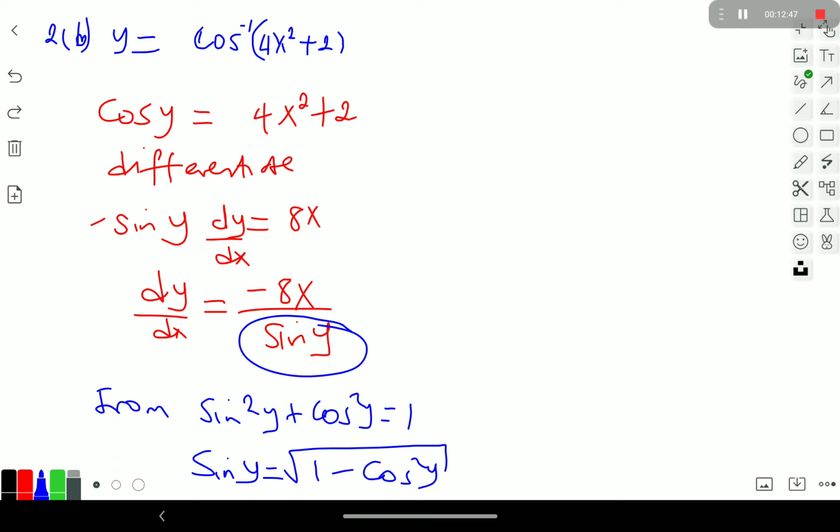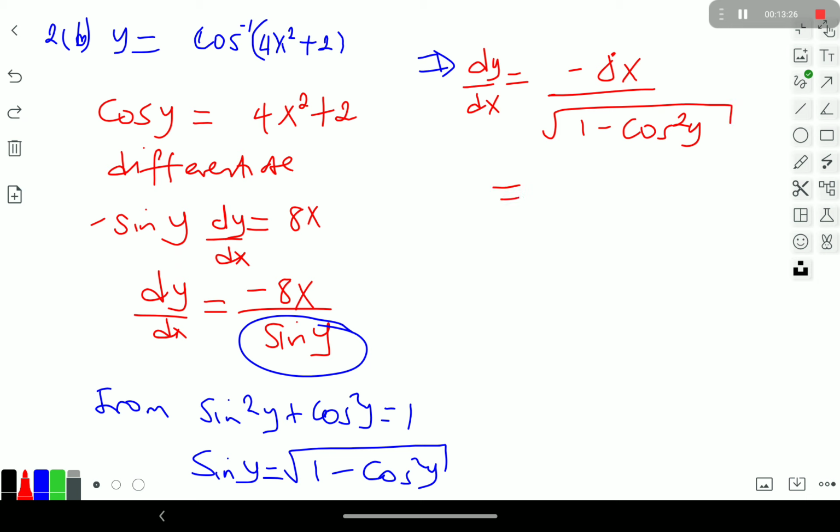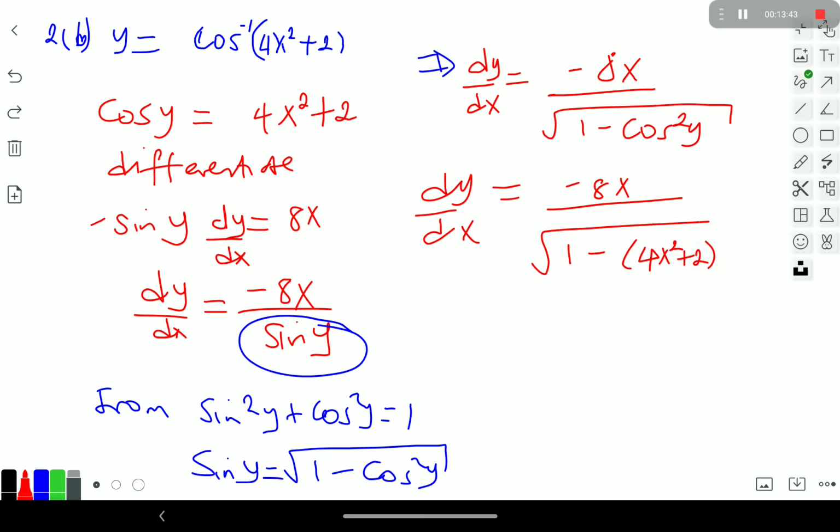We have cos squared y, so we can just substitute, implying that dy/dx will be equivalent to minus 8x divided by the square root of 1 minus cos squared y, and the answer will be minus 8x divided by the square root of 1 minus (4x² plus 2) all squared. Now this will be the solution of the question.